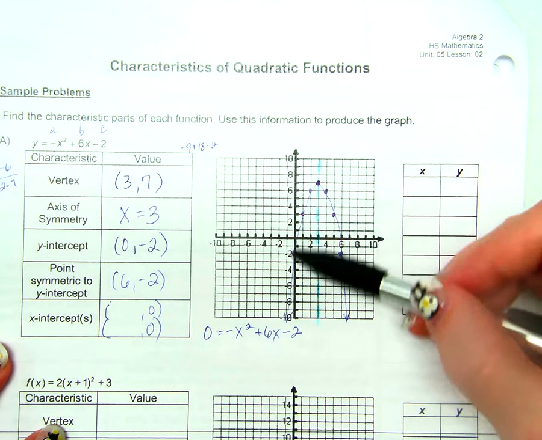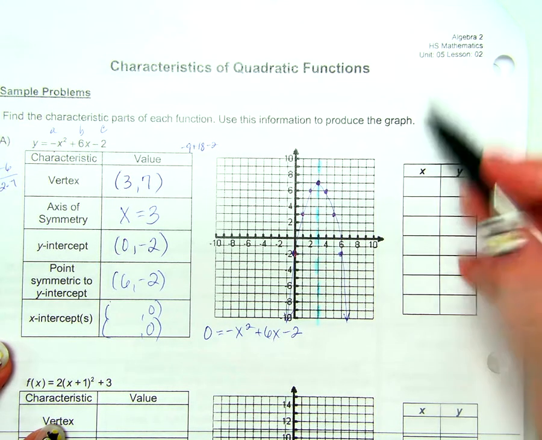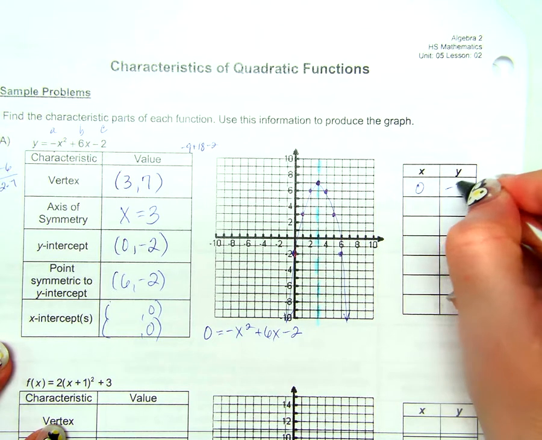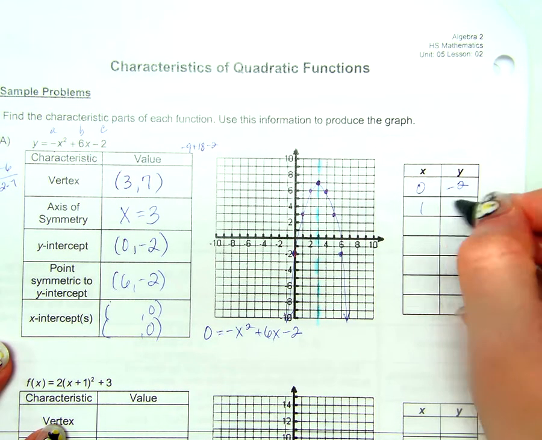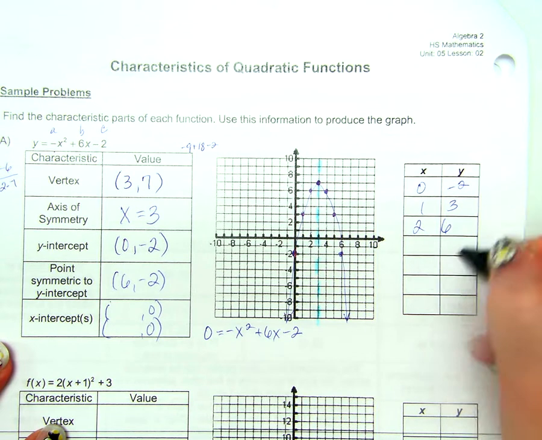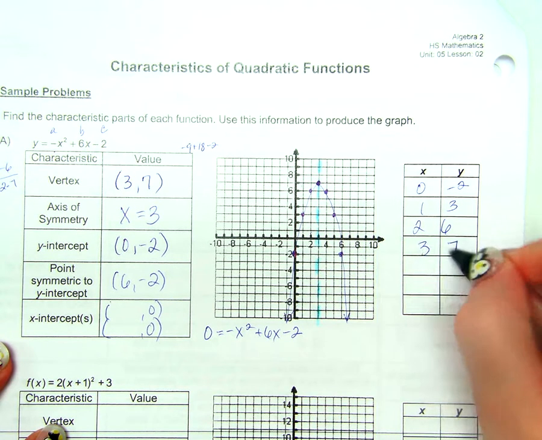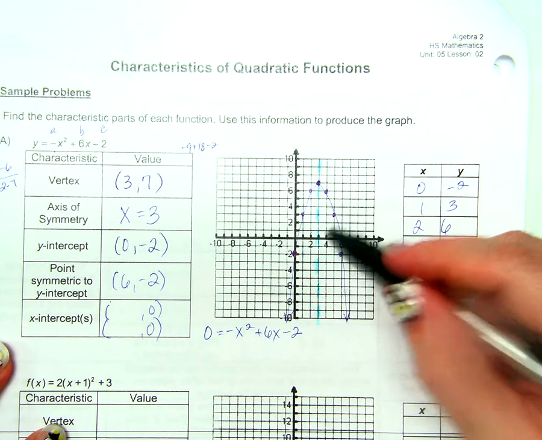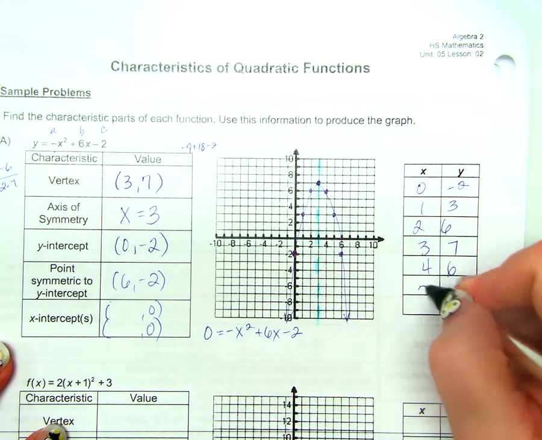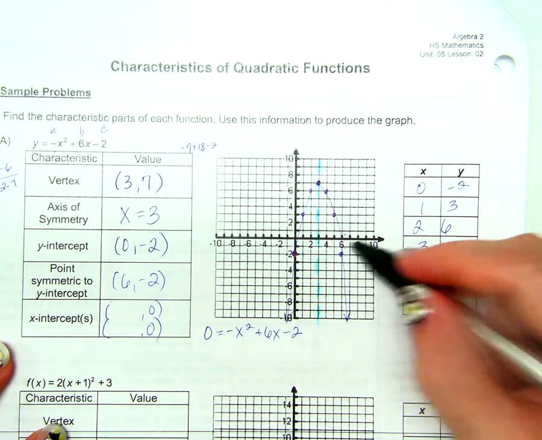But look, because I already knew that this was parent function shape, can't I fill in a table of values for myself? (0, -2), (1, 3), (2, 6), (3, 7), (4, 6), (5, 3), and (6, -2).